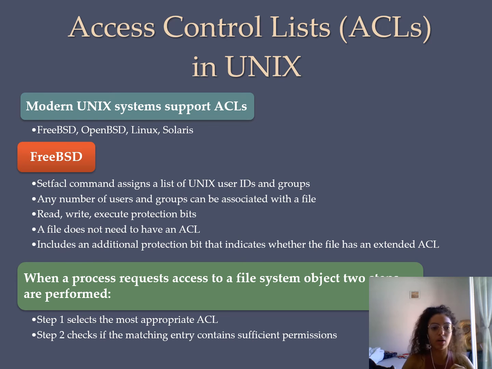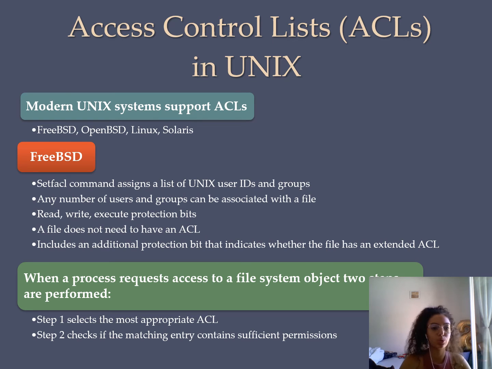Many more Unix and Unix-based operating systems support access control lists, including FreeBSD, OpenBSD, Linux, and Solaris. In this section, we will describe FreeBSD, but other implementations have essentially the same features and interface.